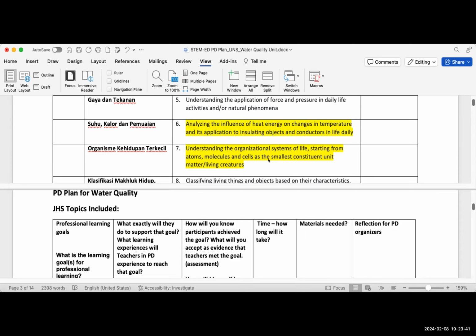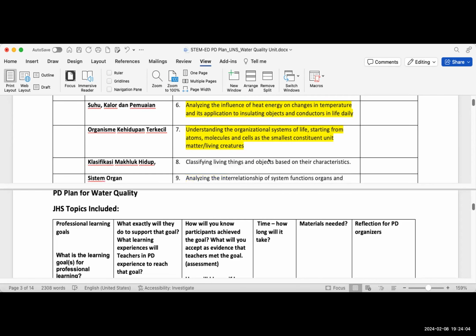Including my house, I still use underground water. There are so many bacteria and it's not safe to drink, so we buy mineral water every day. So I think that's also possible to put it as a phenomenon for the students to get experience of why we should consider water quality.